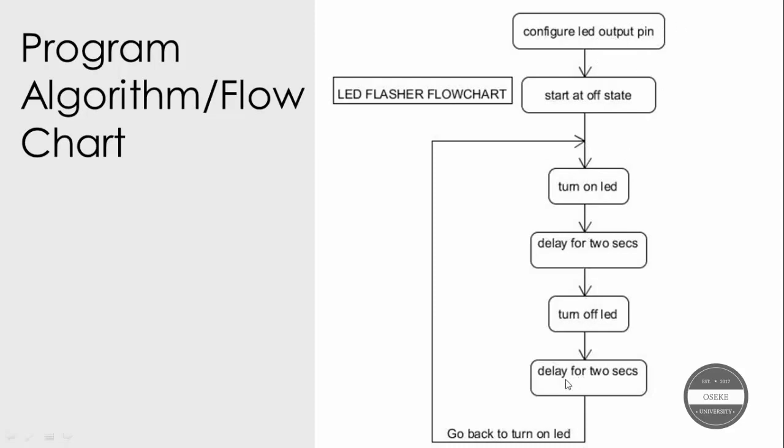But these four stages are done repeatedly over and over again, and this act of doing over and over again is called a loop. So it loops through this stage till we remove the power from the microcontroller, and you're going to see how to create loops in the next video ahead, where you'll be learning about how to write the program.